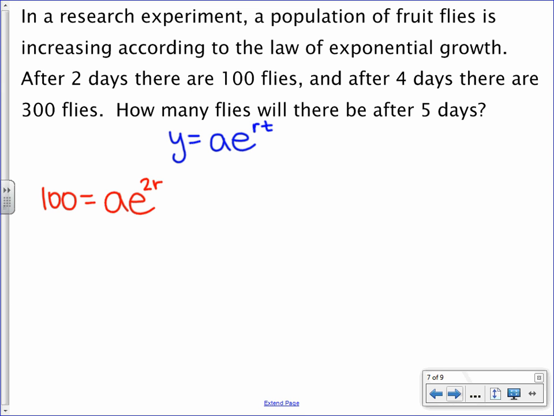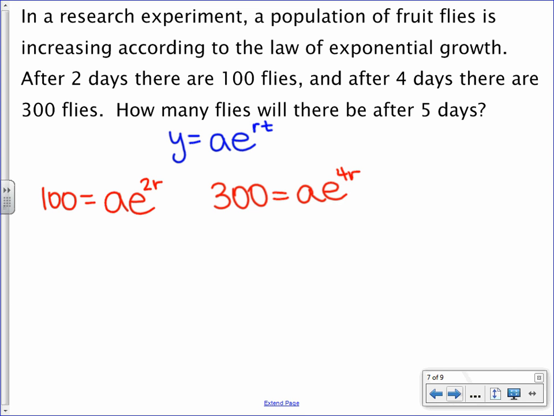And we also know after 4 days there are 300 flies. We need to identify A and we need to identify our rate. Those are our 2 constants. Y and T are our variables. So how are we going to do that?